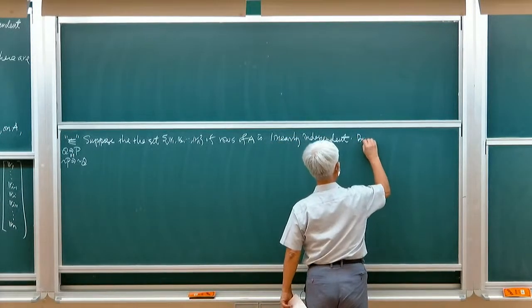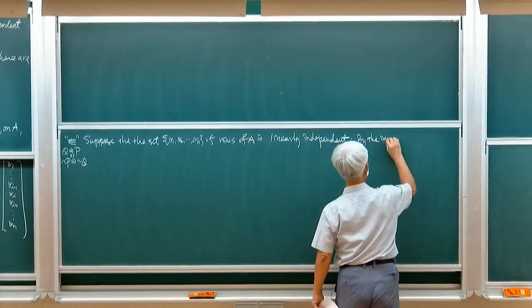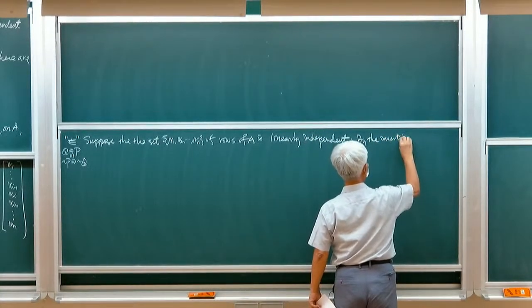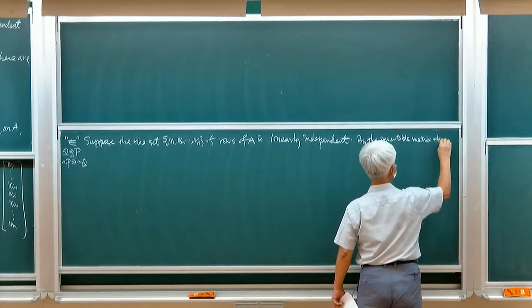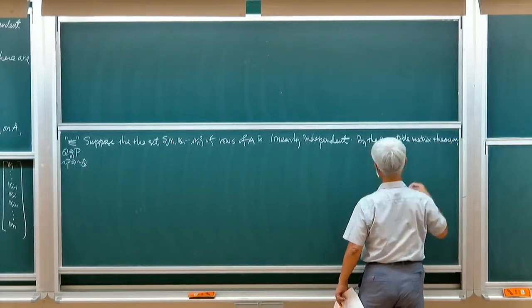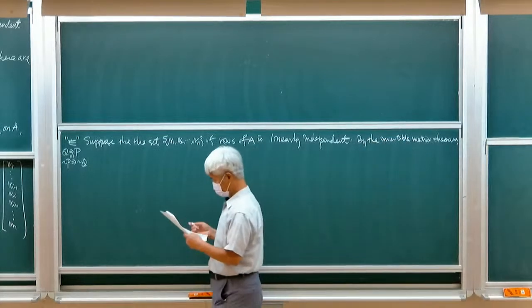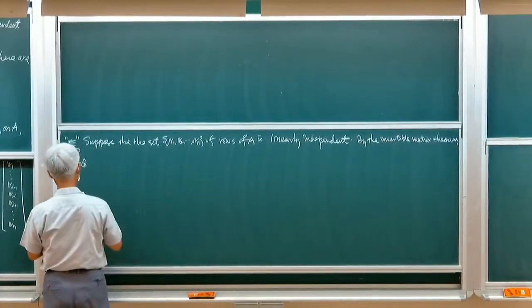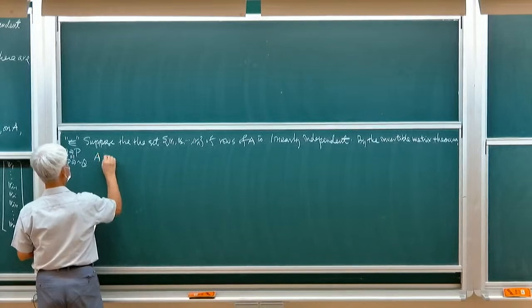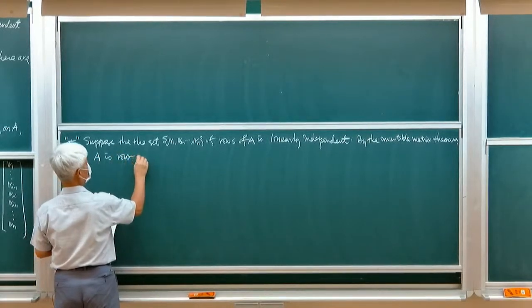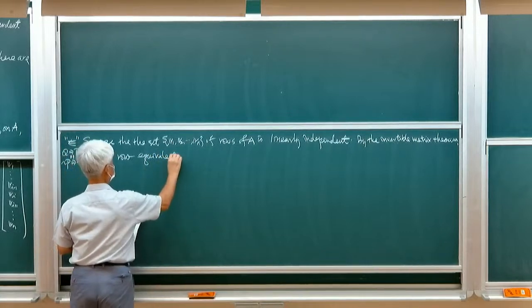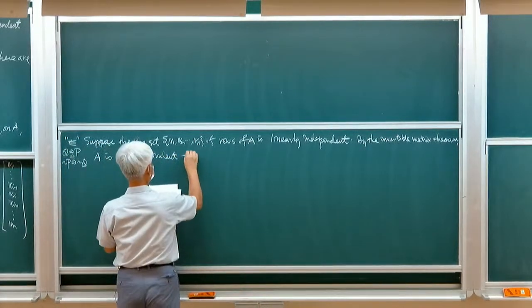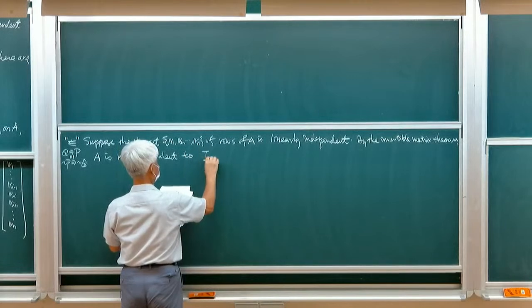Now, by the invertible matrix theorem, A is row equivalent to the identity matrix.